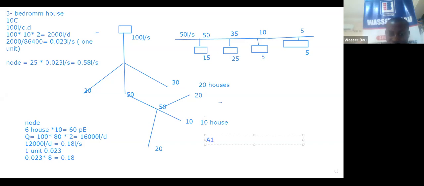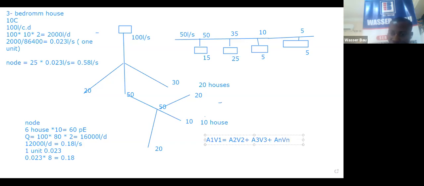A1 V1 must be equal to A2 V2 plus A3 V3 plus dots, plus An Vn, with small n.